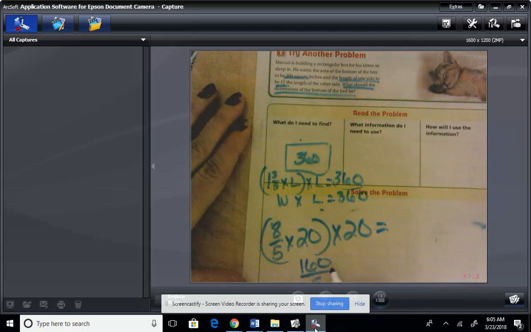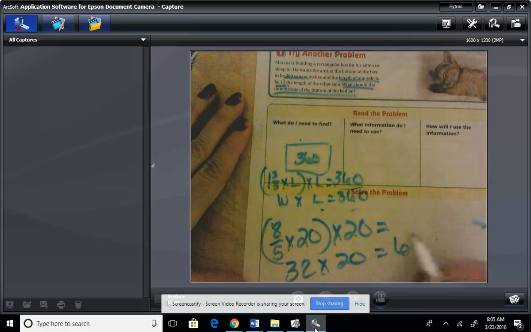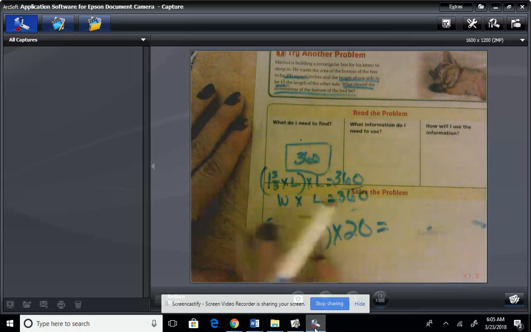And when I divide that out, I get 32. So my width is 32 times 20. And if I do that, that's 640. Too much. So 10 was too small. 20 is too much.